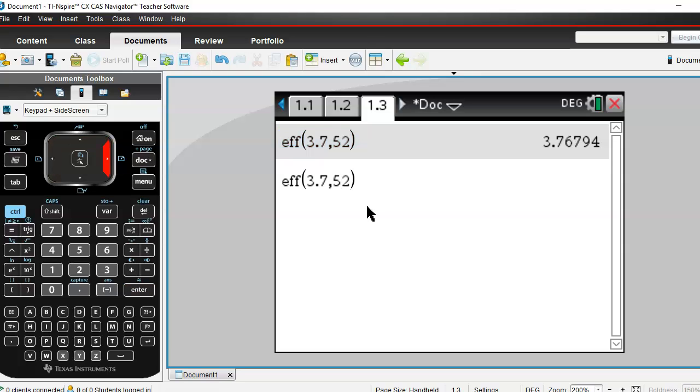Okay, the second one is 3.7% compounding monthly. So we can see that second one is 3.76%. So already you can see it's a little bit less. Okay. So part C is 3.7% per annum compounding quarterly.